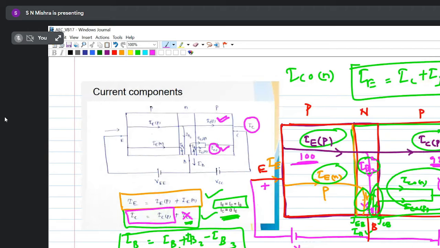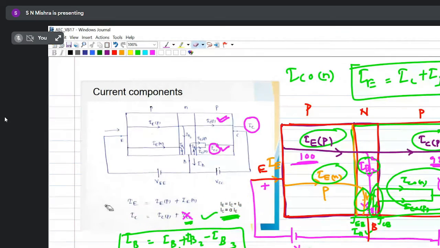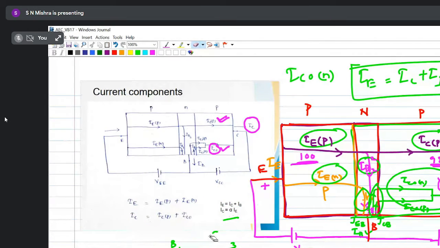So any doubt from this equation and current component, you ask me. Which component have you not understood? Yesterday we discussed emitter current, base current, collector current.